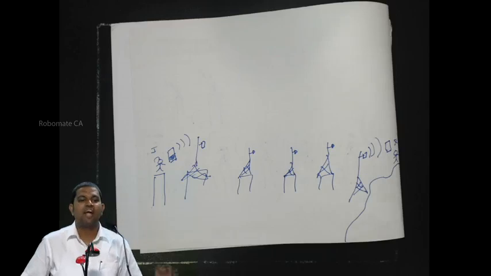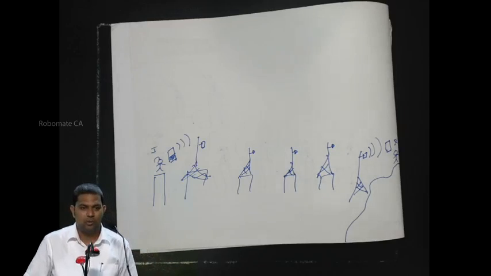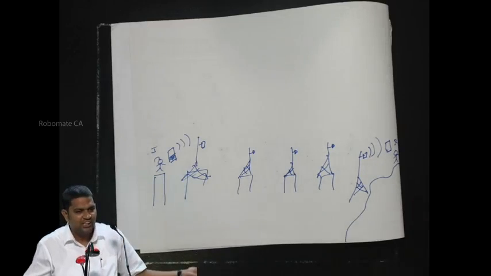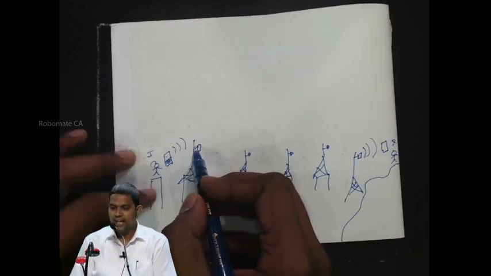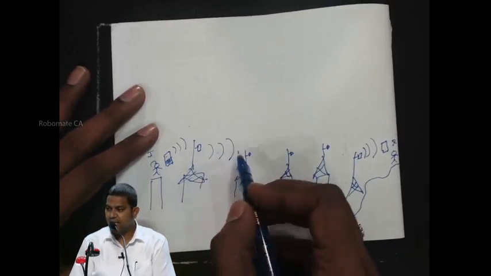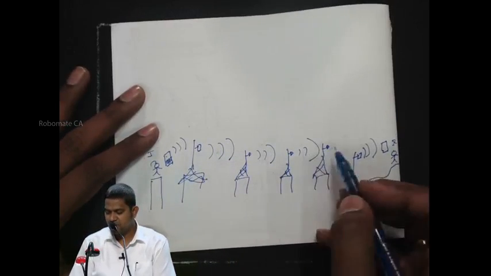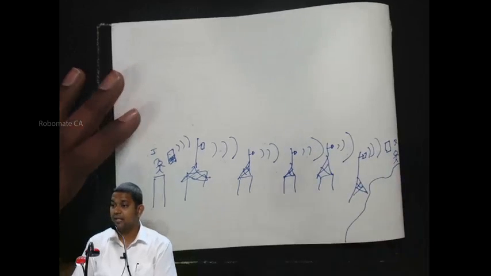Because microwave can travel a distance of up to 50 kilometers, and after that the signals start getting weak. And then attenuation. You know it very well now. So it is accepted, amplified, transmitted, again and again.